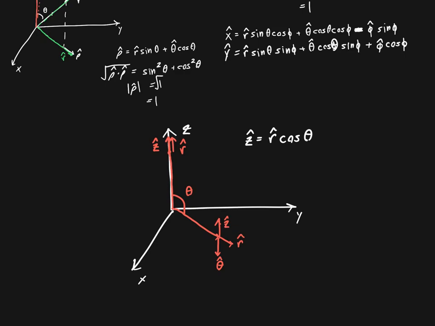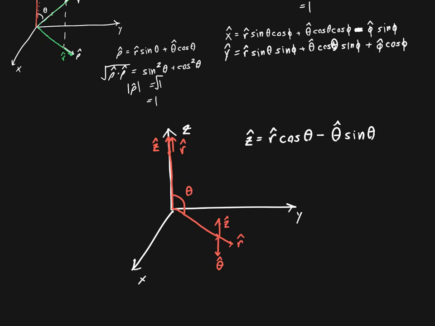So the theta hat dependence is just minus theta hat times sine theta. And we're not sure at this point whether this is complete because it might have phi dependence. So it actually doesn't, and that's really interesting. It's not immediately obvious why.